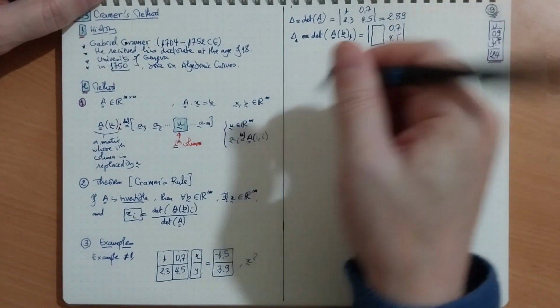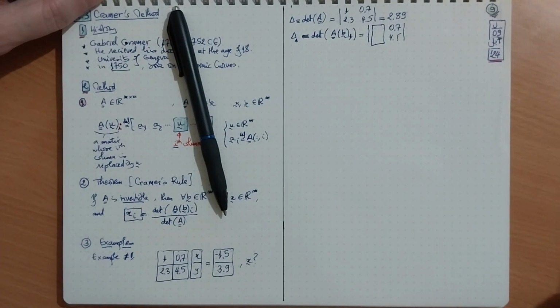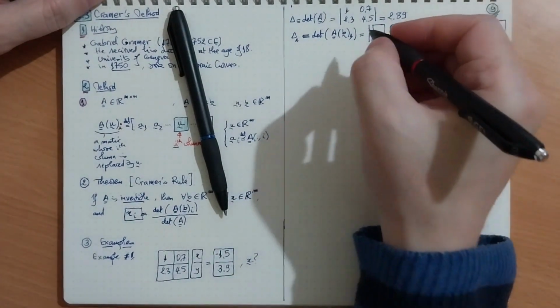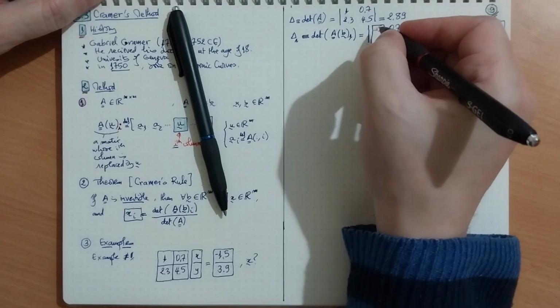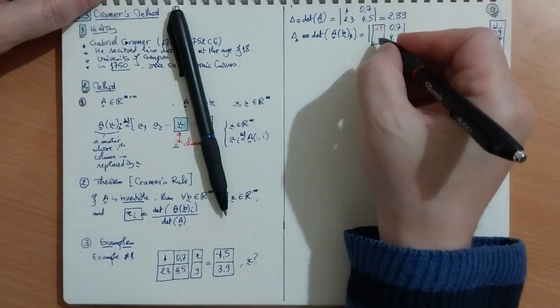But in the first column, we write the vector B, minus 1.5 and 3.9.